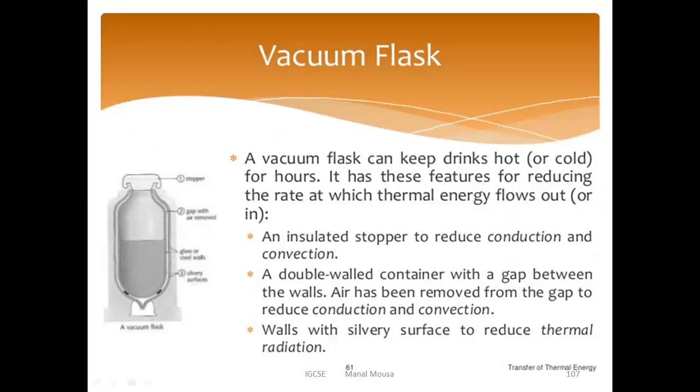An insulated stopper reduces conduction and convection. A double-walled container with a gap between the walls, where air has been removed from the gap, reduces conduction and convection. Walls have a silvery surface to reduce thermal radiation. So these are the applications.